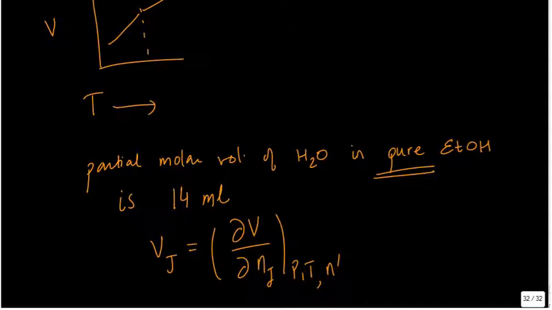Vj is the partial molar volume of the jth component.